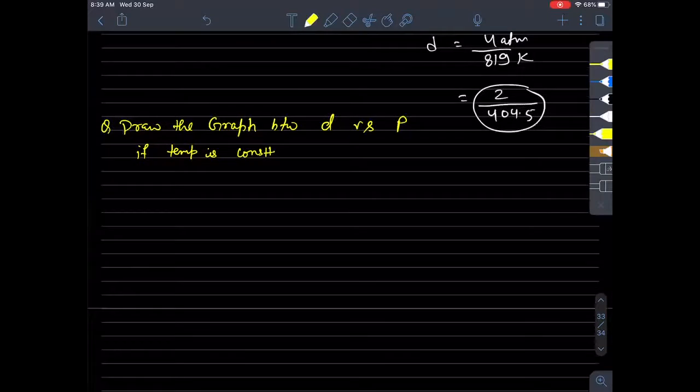So density and pressure will be linearly related. Yes or no? Yes, sir.